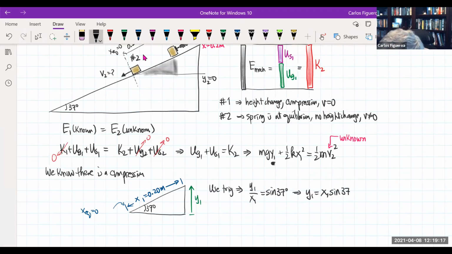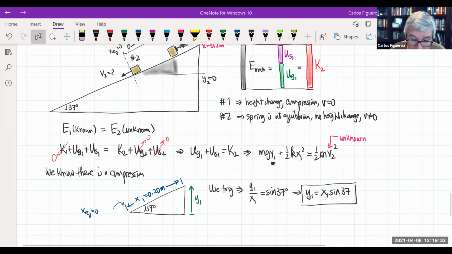So I now know what that value is. So I know the height increase, I know the compression, k and m are given. I can now plug this into conservation of energy. So let me go do that now. So now from conservation of energy, where's my mouse? There it is.